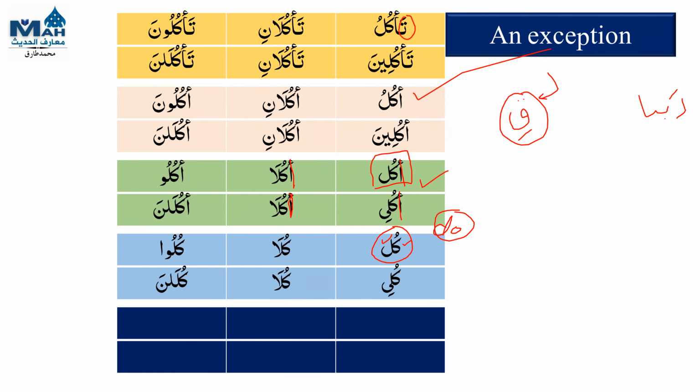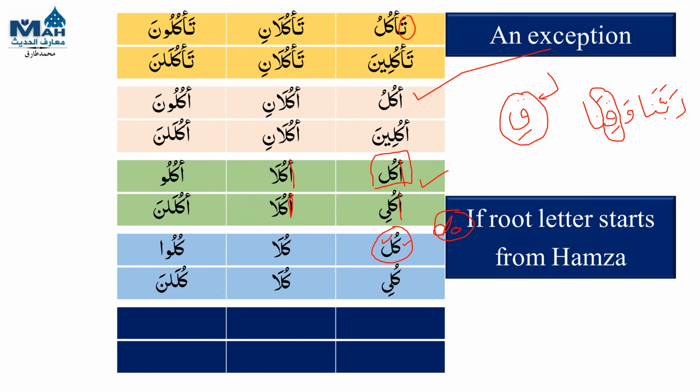We say dua, Rabbana, waqina adhaban nar. Qi. Okay, so kul, kula, kulu, kuli, kula, kulna.